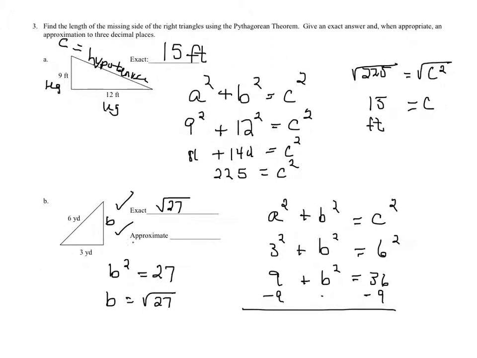When they're doing the approximation, you use your calculator, and you'll always get a decimal, a decimal that goes on forever.